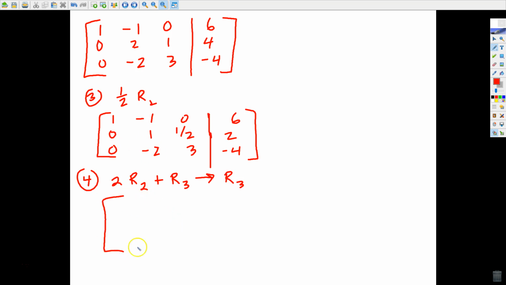Okay, so with step 4, first row doesn't change. Second row isn't changing.